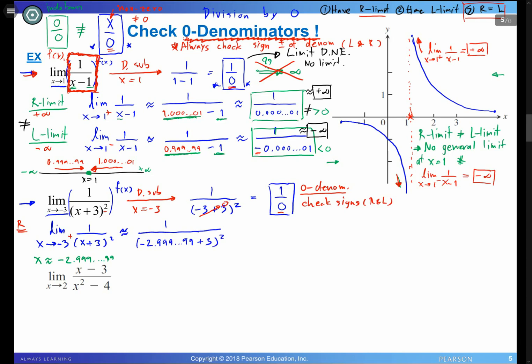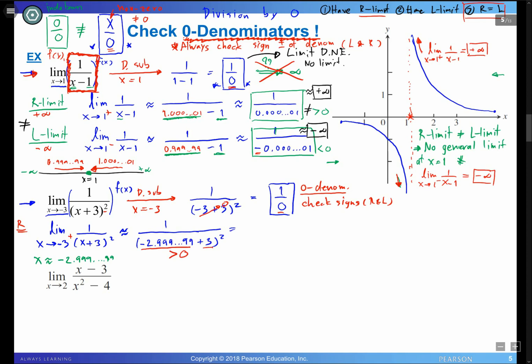Now let's take a look at the terms inside the parentheses. Minus 2.999 plus 3. The result of this is going to be positive, because minus 2.999 is greater than minus 3. So what we have inside the parentheses is positive, greater than 0. The result of the addition, 3 minus 2.999, is going to be 0.00001, really small.